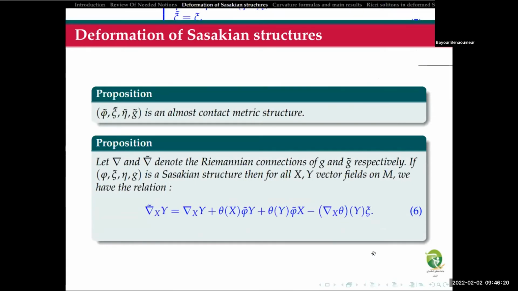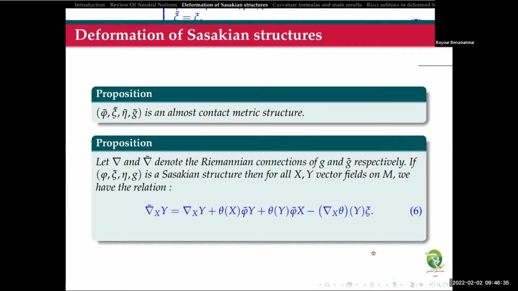Here there are two propositions. Firstly, the structure phi bar tilde, eta tilde, xi tilde, g tilde is an almost contact metric structure.